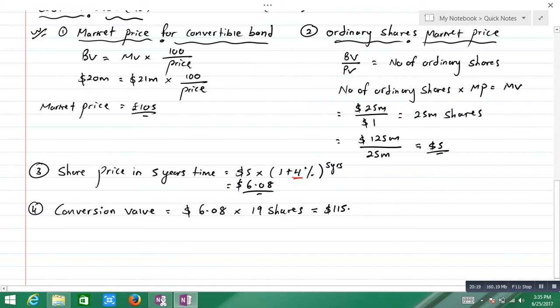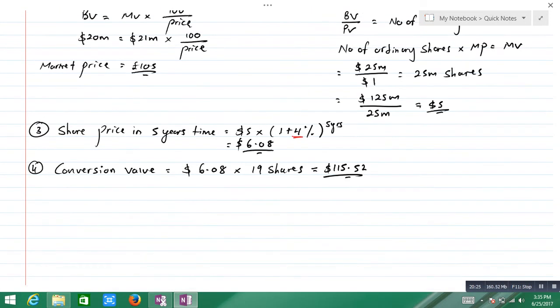Check. That's the conversion value. In other words, conversion value and redemption value. This is also your redemption value. Both happen on the same date. Redemption value, and number 5.